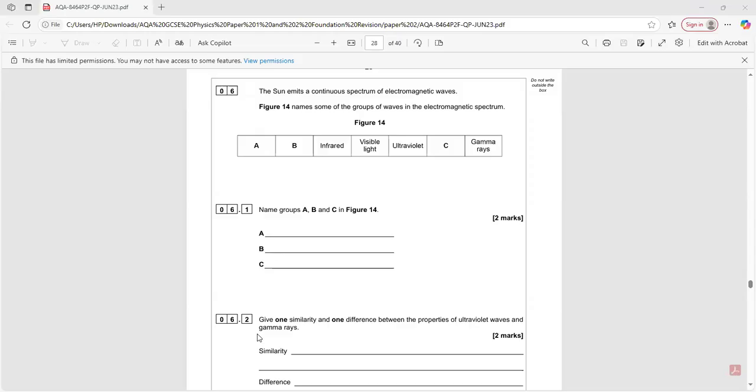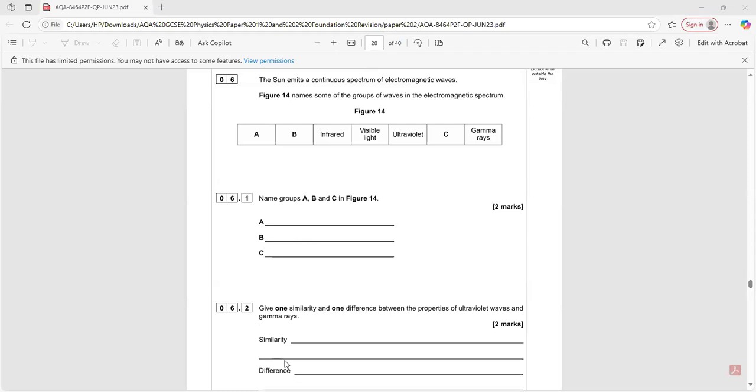Let's see. What's A? Radio waves. B is microwaves. And C is X-rays. Okay. Radio waves, microwaves, and X-rays.